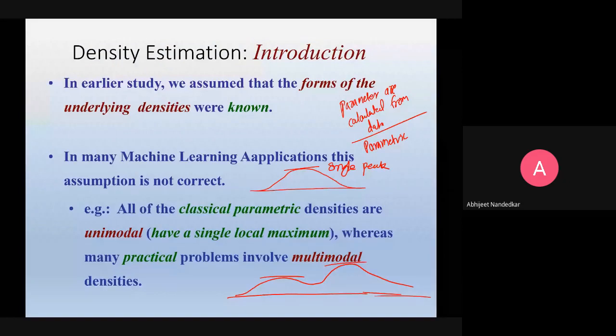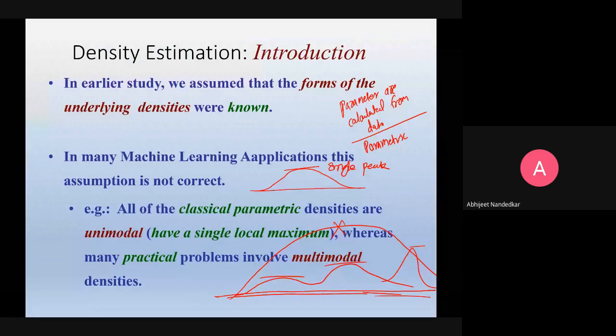So if there are multiple peaks in my data distribution, then assuming a normal distribution that has only a single peak is not a good idea. So I hope you got this point. If my actual distribution is like this, and if I assume that this data is distributed like this, so this will be a wrong assumption.